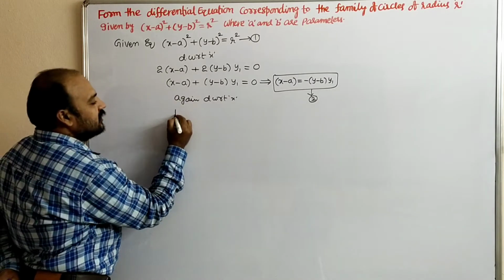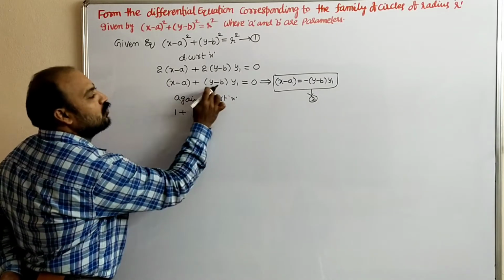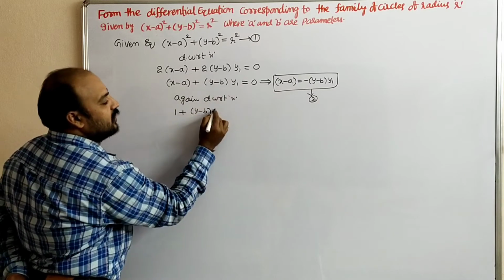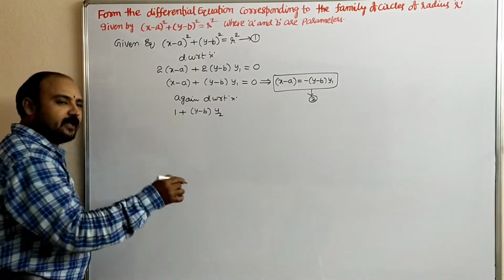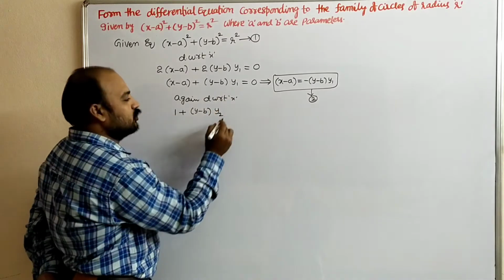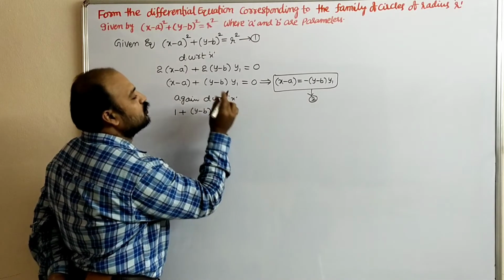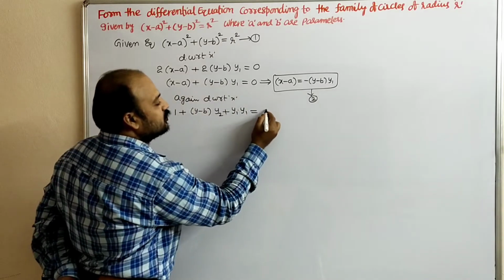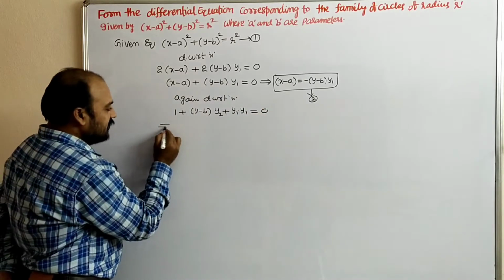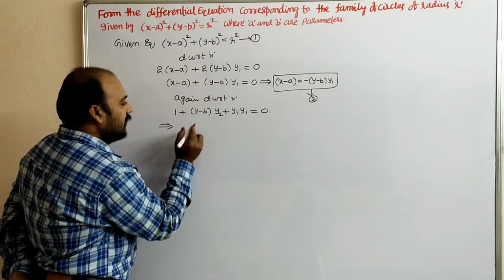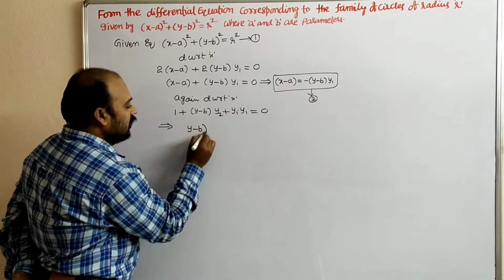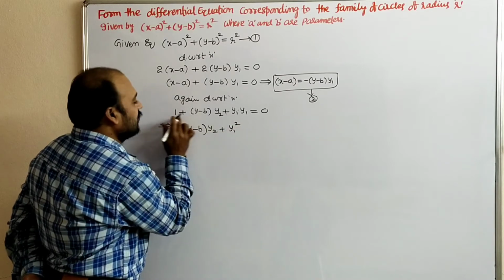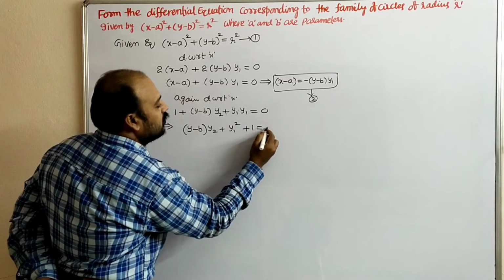X minus a derivative is 1, plus uv formula, y minus b into d by dx of y1, which is y2, plus y1 into y minus b derivative, y1, is equal to 0. That implies y minus b into y2 plus y1 square plus 1 equal to 0.